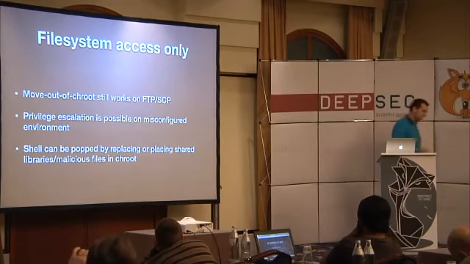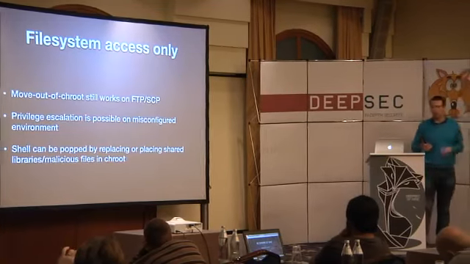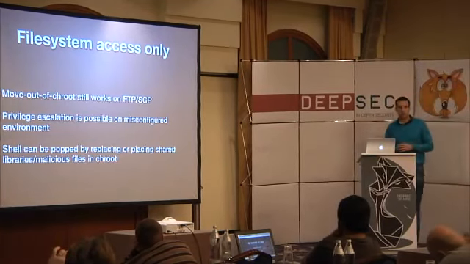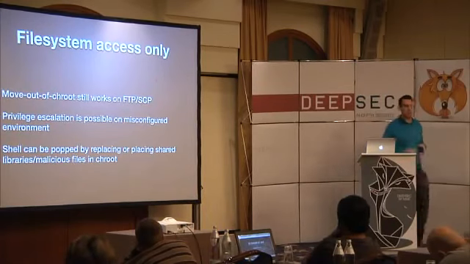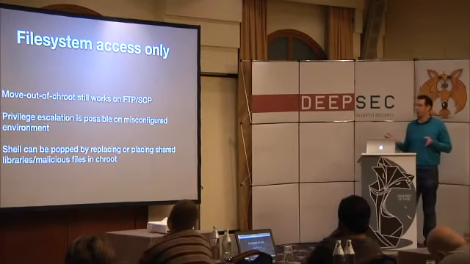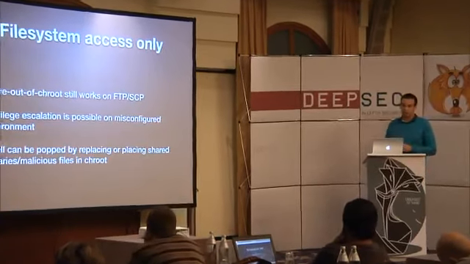In the beginning, I told you that there are 2 distinct scenarios when you can have access to a Chw00t environment: when you have shell access, which I already demoed to you, and the other one when you have file system access only. The best thing about the move out of Chw00t technique is that it still works when you have only FTP or SCP access, and I'm going to show you that.